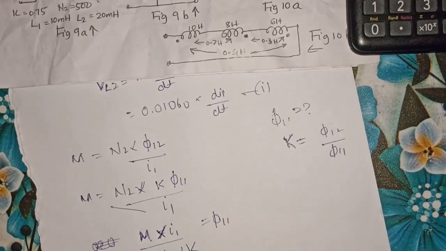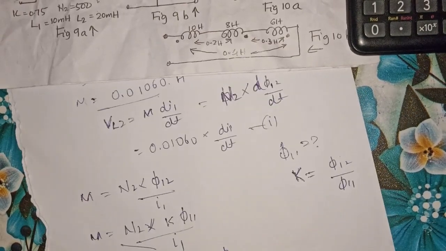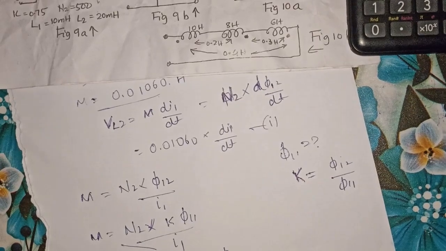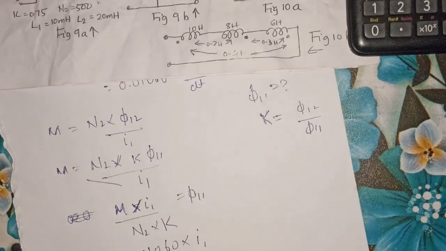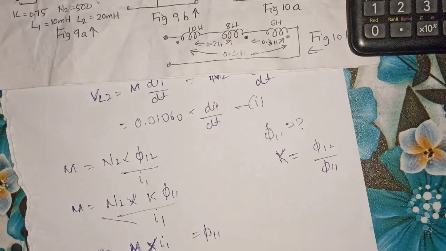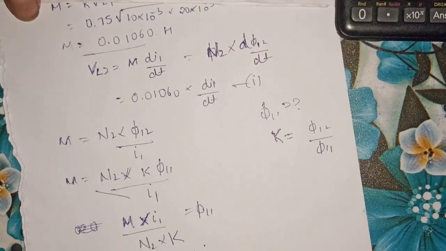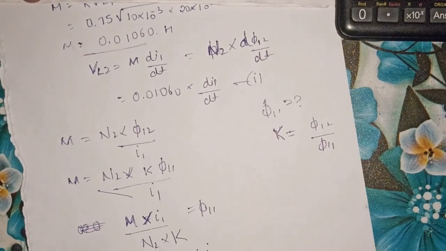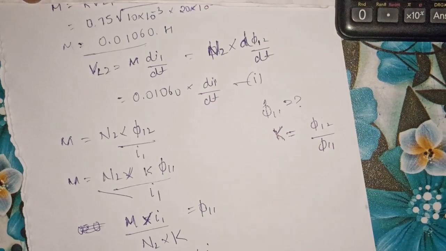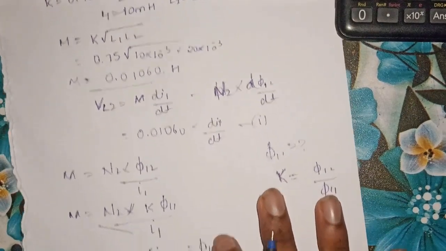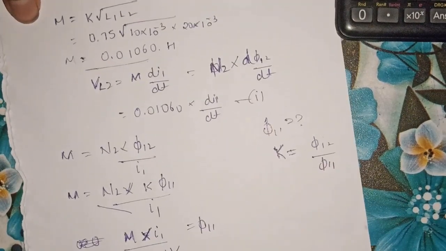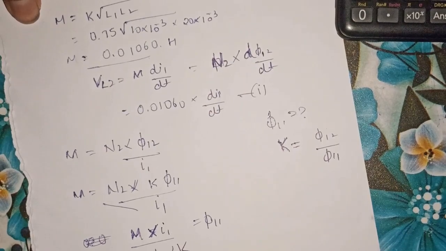So value of M is 0.01060 multiplied by the value of I1, which is not known, divided by N2, which is 500, and multiplied by coefficient of coupling k, which is given as 0.75, is your value of φ11.